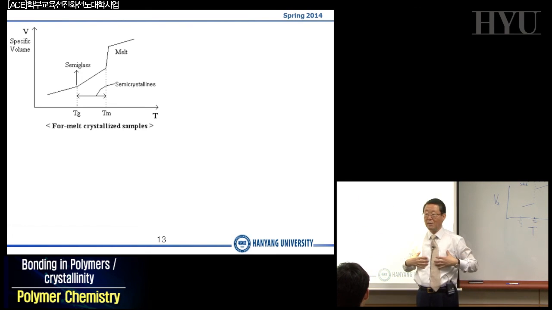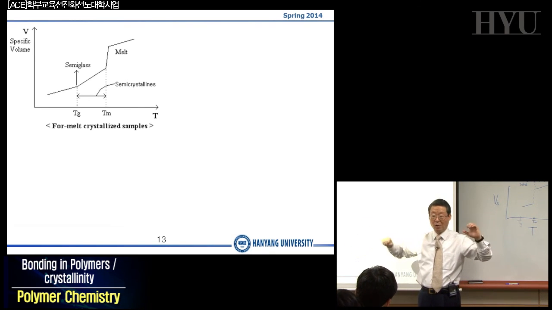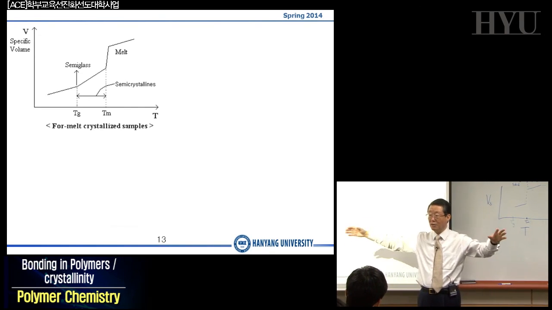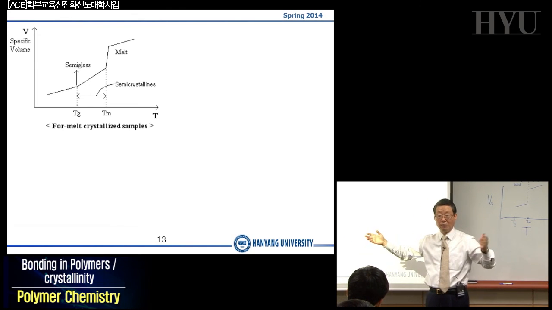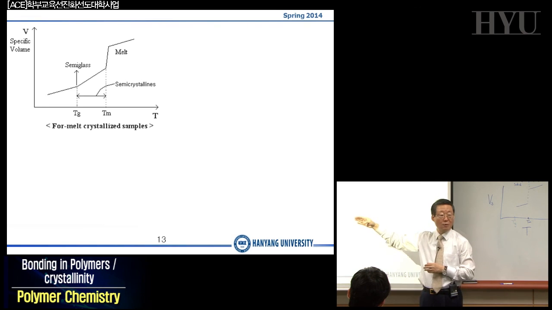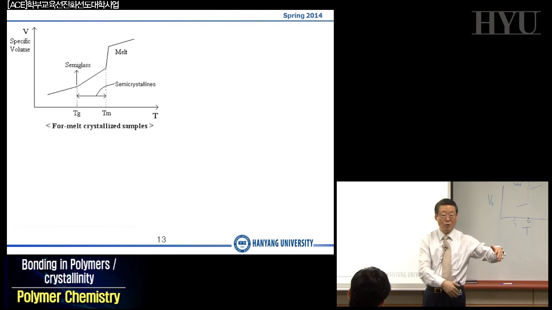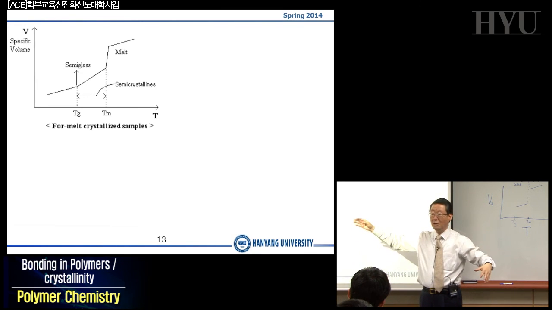But if I'm moving my body along with my arms, my specific volume is quite different. The slope of the increase above the glass transition temperature up to about the melting temperature is different, because I need some more space as well.